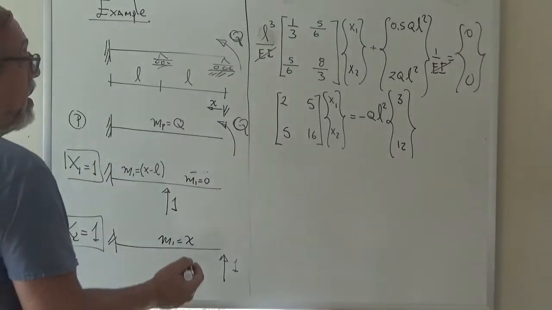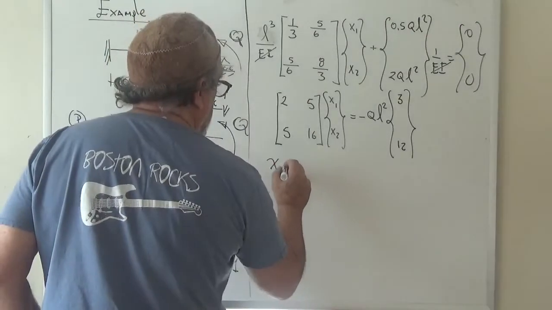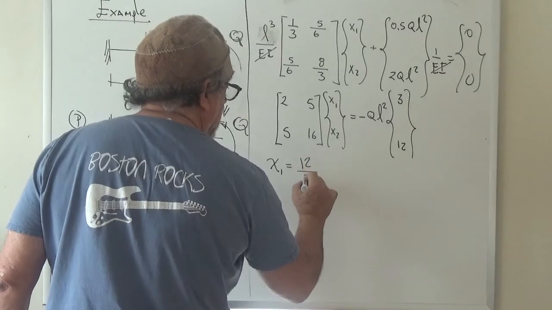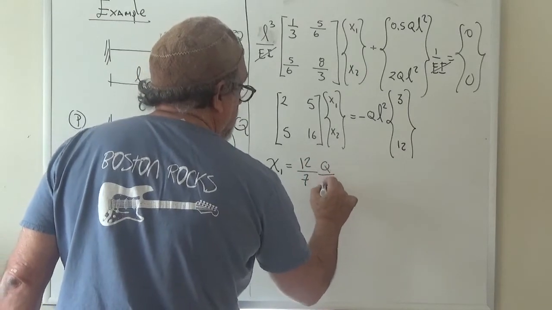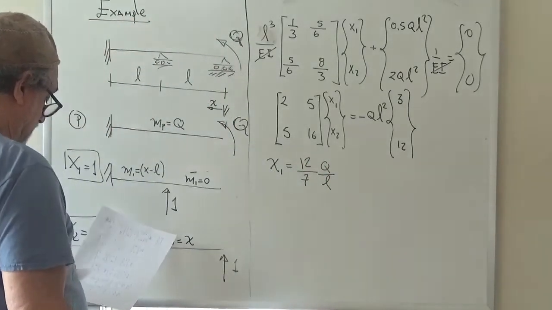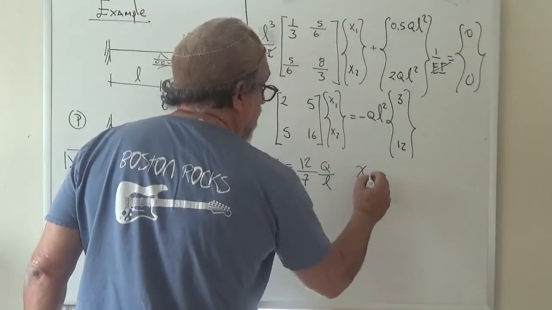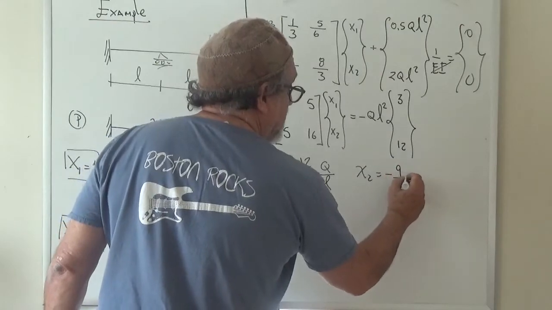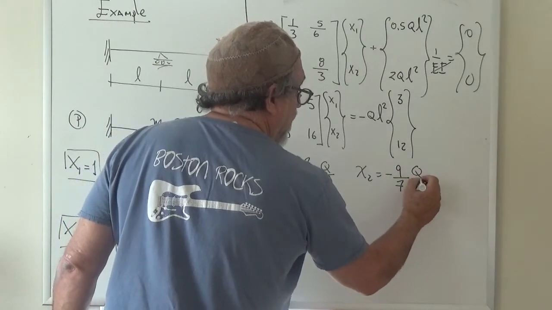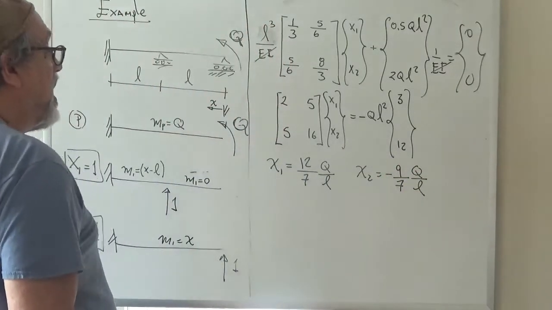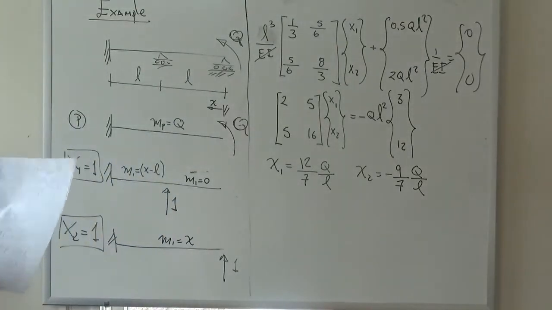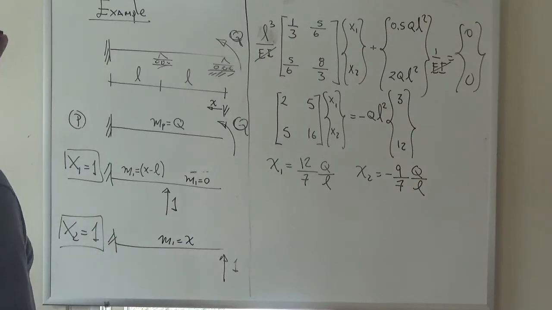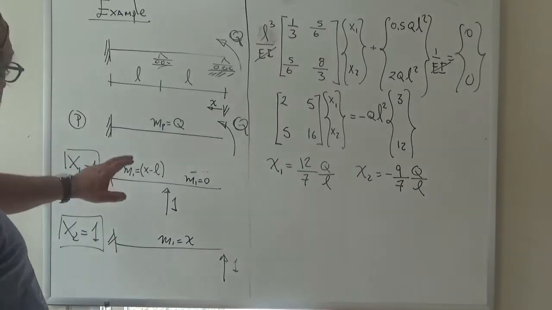You solve it, and you get x1 equals 12/7 of Q over L, and you get x2 equals minus 9/7 of Q over L. The first thing you should note is that x1 and x2 are forces, right?